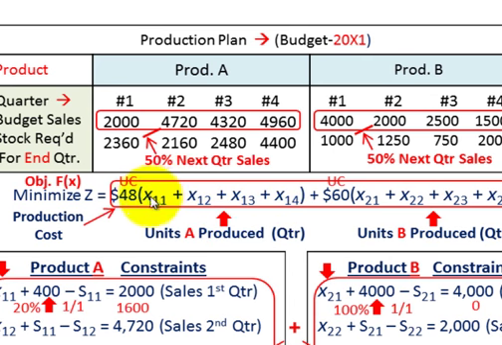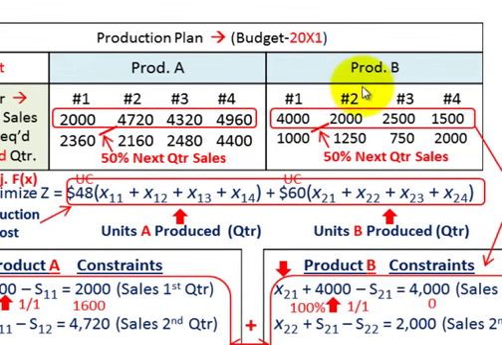And you have to index it in your program somehow. I've got everything indexed in a matrix form where X11 stands for quarter 1 for product A, X12 quarter 2, X13 quarter 3, and so forth. X14 would be quarter 4. Then moving over to product B, we add into our objective function the unit cost of $60 times the total number of units that we're going to produce.